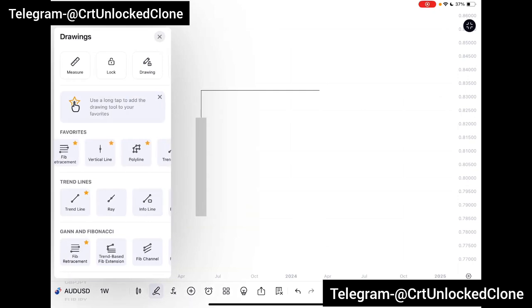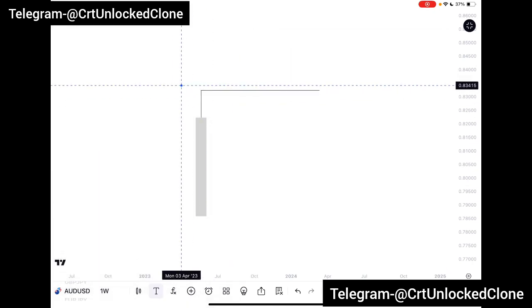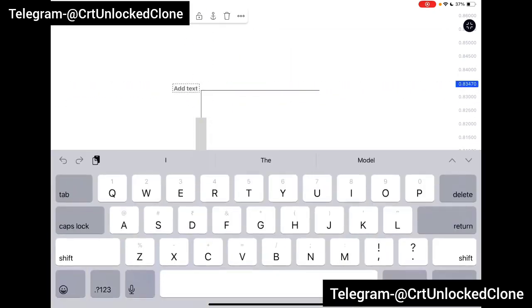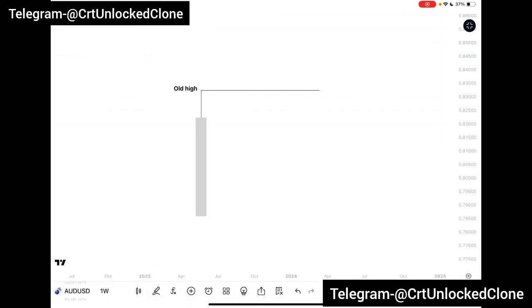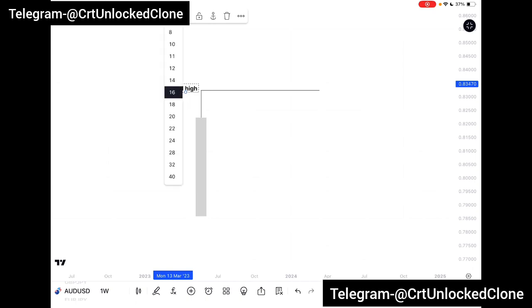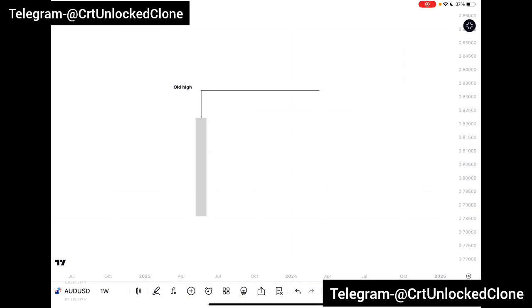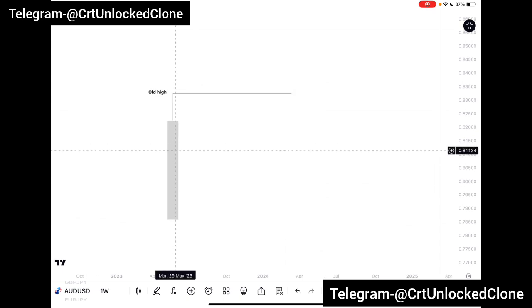Text here: this is our old high. This is what I will mention in my Twitter as OHP, old high purged. So this is our old high. Now we have our key level as old high.